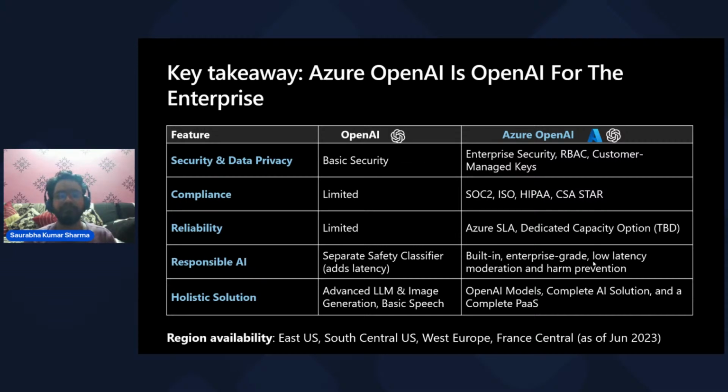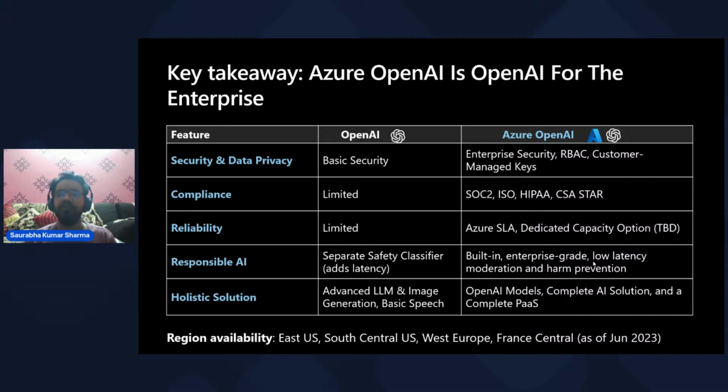OpenAI gives you some basic security. If your data needs much more security, or you are worried that the data can be leaked over there, then you can go directly with Azure OpenAI.